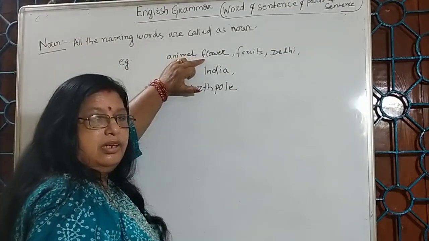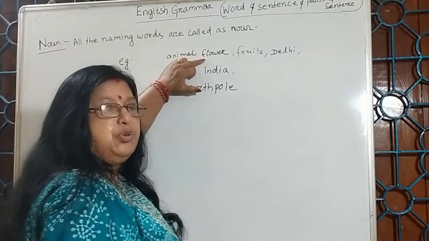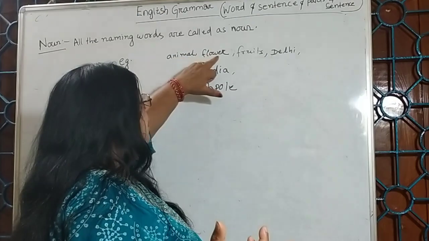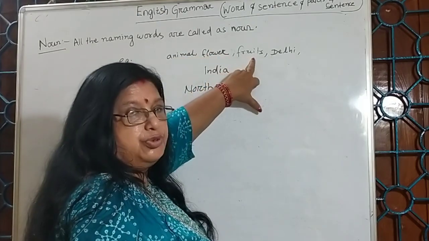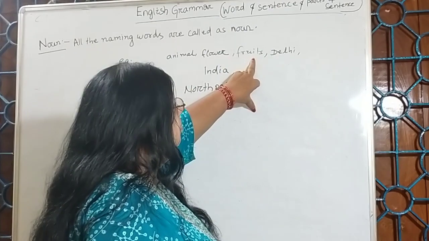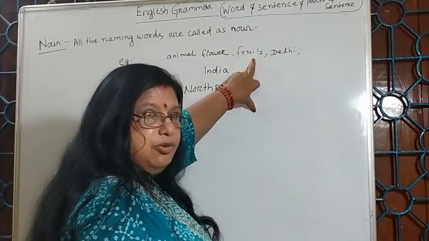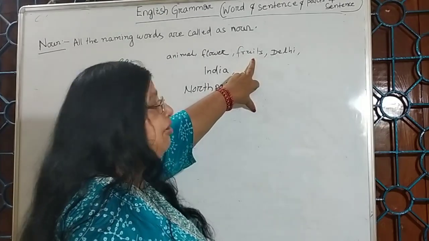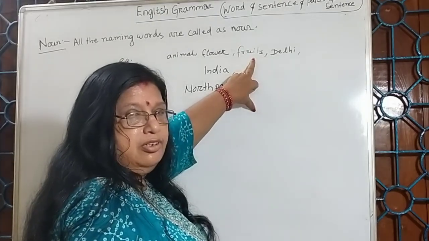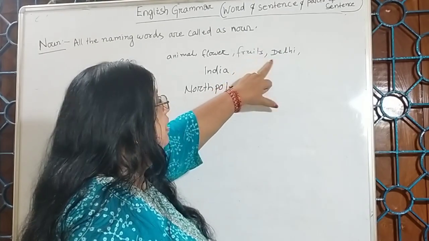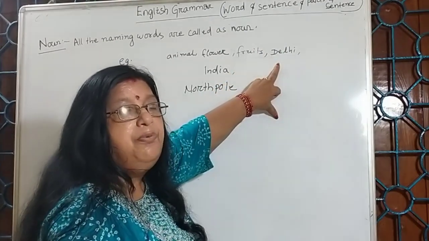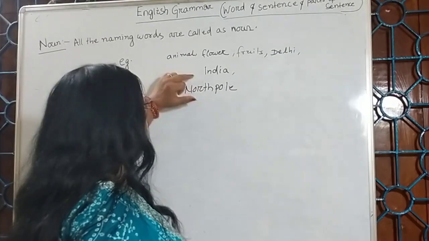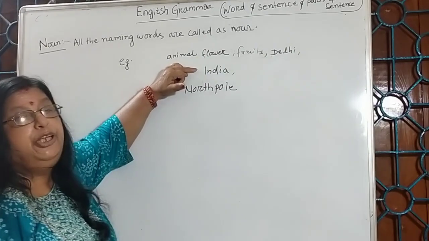Flowers belong to the flora society; when a bud blooms, it is called a flower. Fruits: from flowers, fruits are also grown in the plant society. Delhi is the name of a particular place.